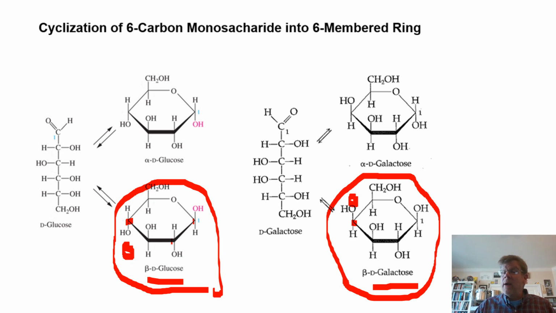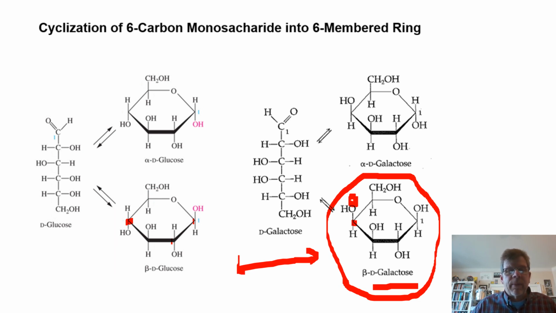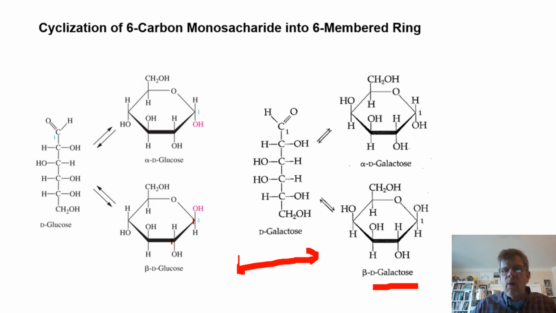Remember, that one never changes because that is not at an anomeric center. That is always the case. So whenever we see a comparison between glucose and galactose, and again, I'll try to clean this up a little bit, we look over at the carbon. It's a six-membered ring with 6 carbons. We look over at the carbon on the left on both of them and ask, which way is that hydroxyl pointing?